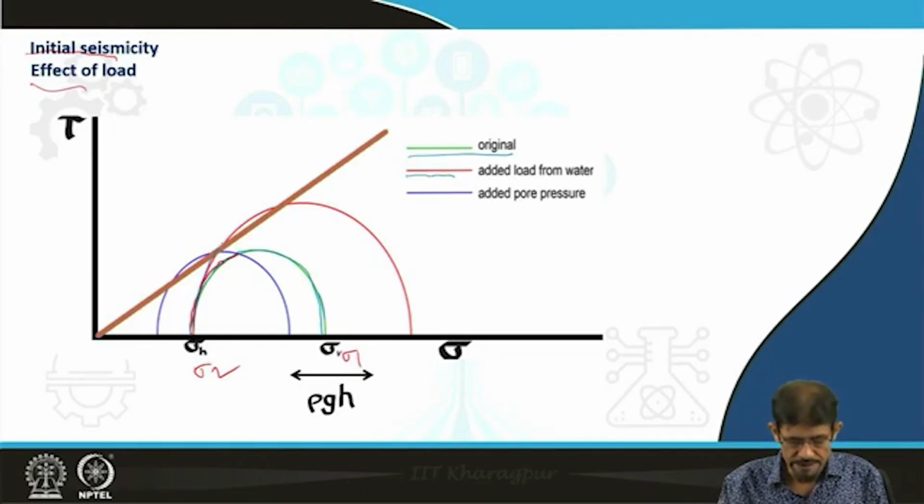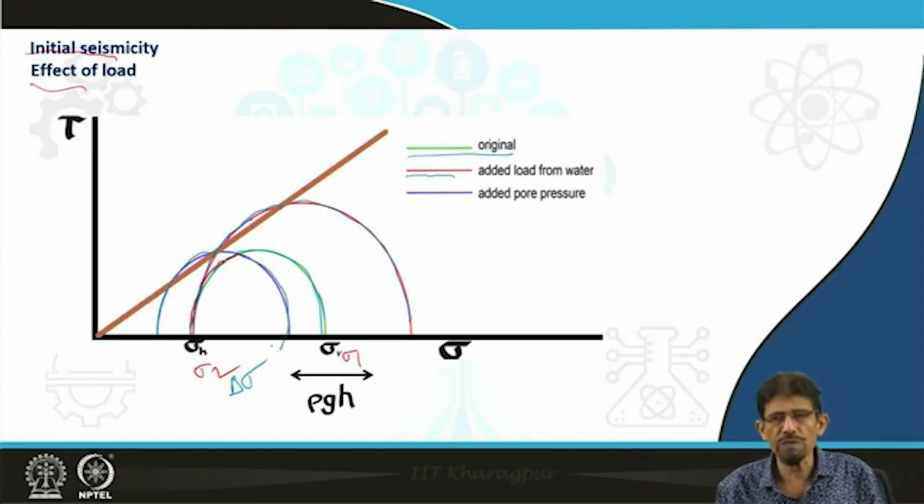One is a difference in the value of delta sigma normal, and also an increment due to development of pore pressure due to saturation, which we have already discussed in our initial discussion, and this is responsible for development of the failure envelope, meaning development of fracture, which becomes a site for burst of energy and propagation of mechanical waves like P wave, S wave, and induced waves, R wave and L wave.